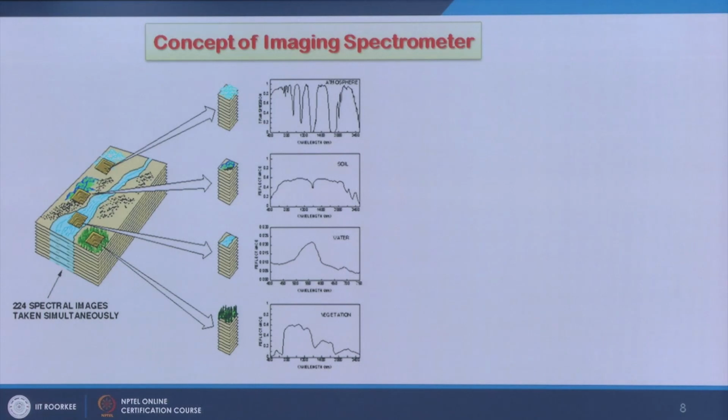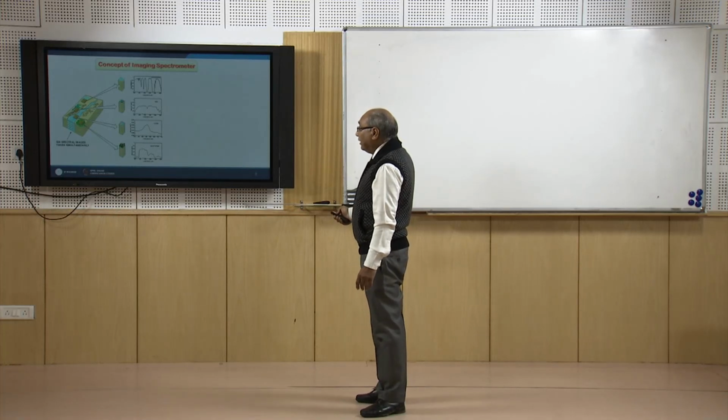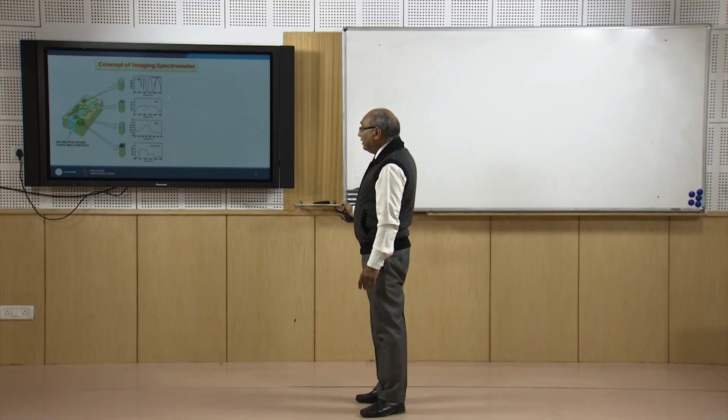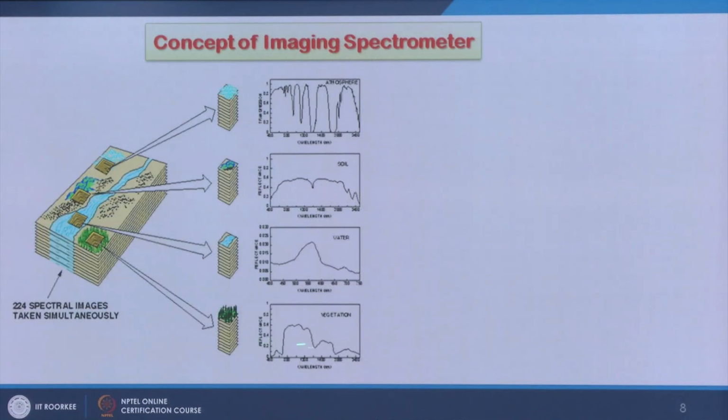Also, when pixel by pixel data is collected or images are generated, then using these standard curves, once they are generated, classification can be done very easily. Likewise for water, soil and everything. As you see, the vegetation, water and soil curves are very easy to interpret.